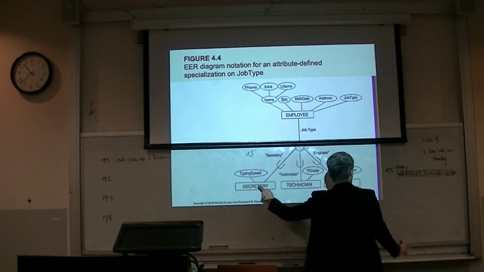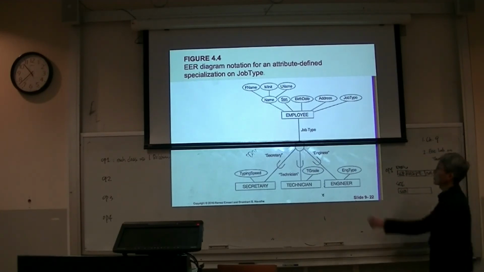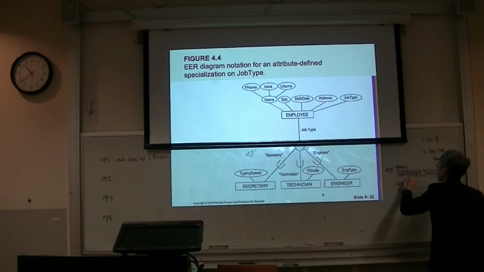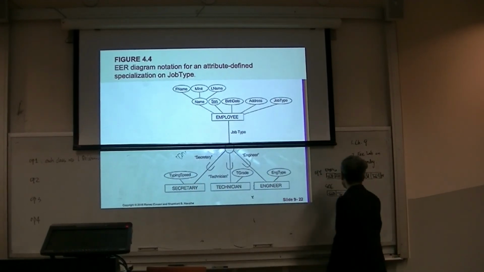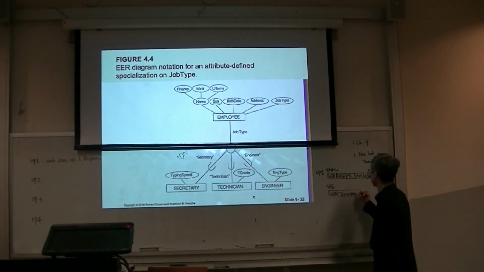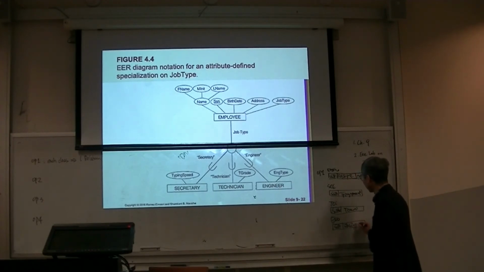Then the subclass secretary: SSN is the primary key because it's inherited. However, you don't have to keep the first name, last name, and so on. Instead, only typing speed. And the technician, SSN and this is the T grade. And the engineer, SSN, ENG type.